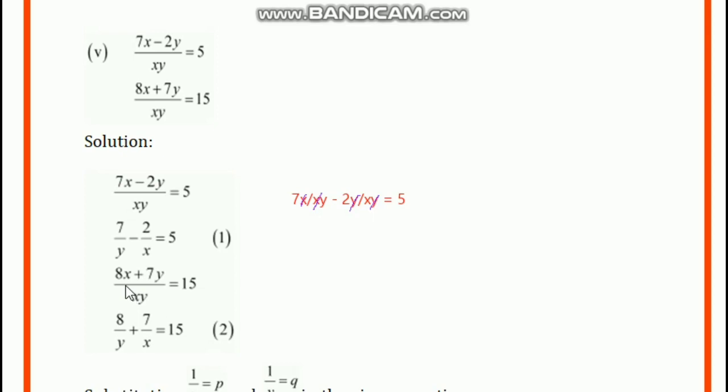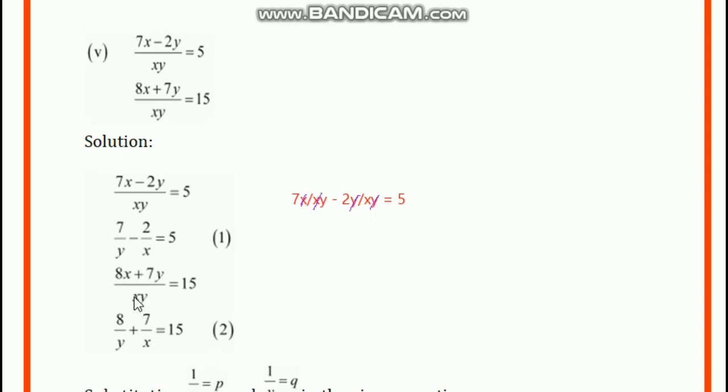And the second equation is (8x plus 7y) divided by xy equal to 15. Here also we are going to use the same method. 8x divided by xy plus 7y divided by xy equal to 15. In case you have xy on the right hand side, then you can divide by xy on the left hand side and the right hand side.